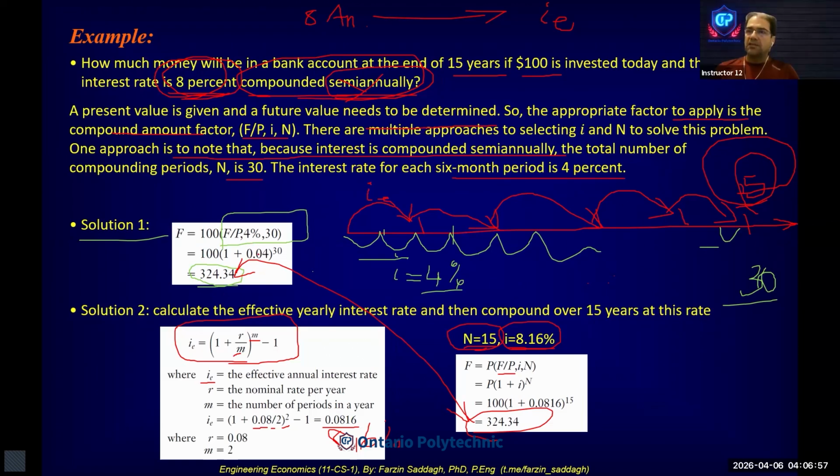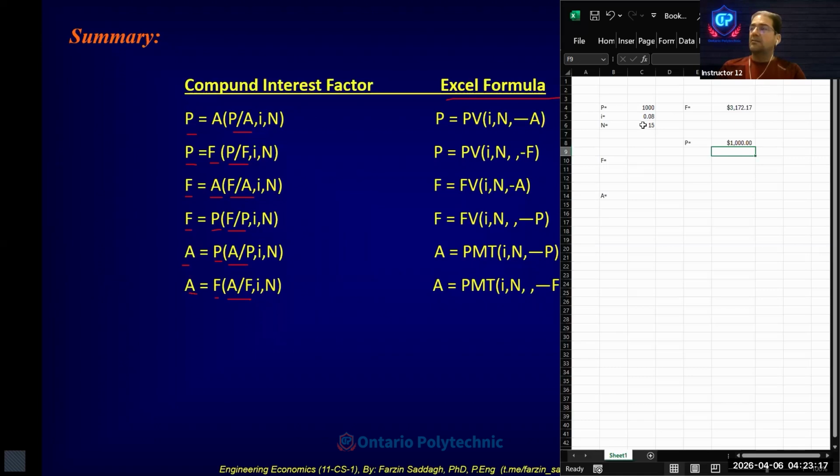In this case, the interest is 4% and the number of periods is 30, investment with 8% and 15 years, to calculate this value. Then I used present value to calculate the present value at the beginning when the future value is this. And you see, I get the exact value of present value here.